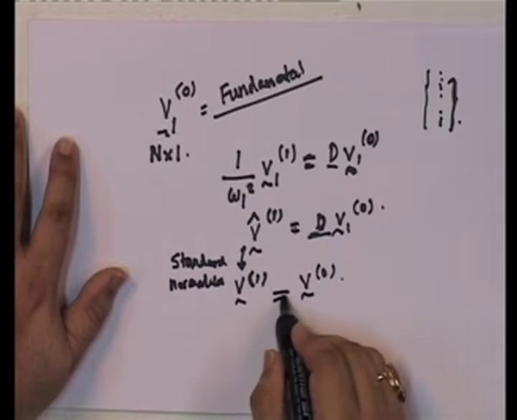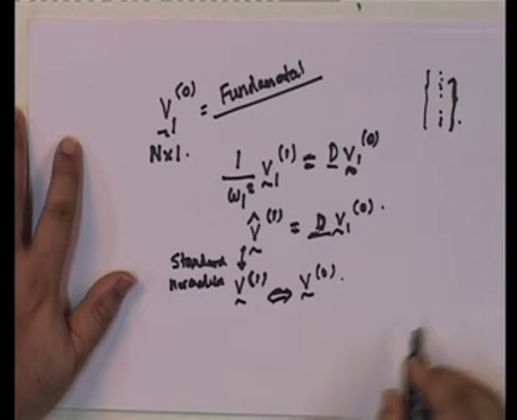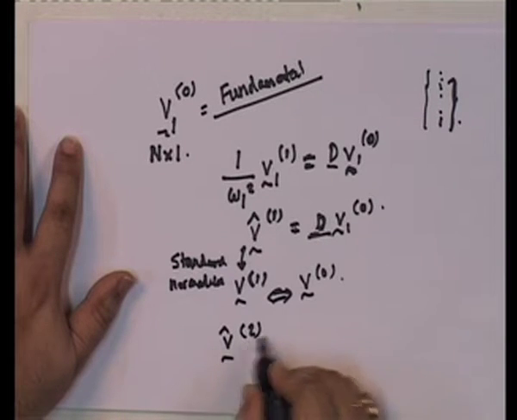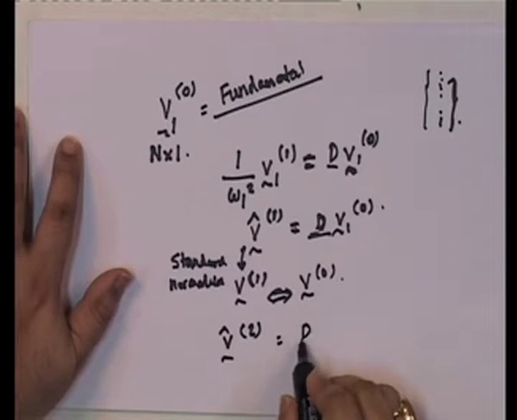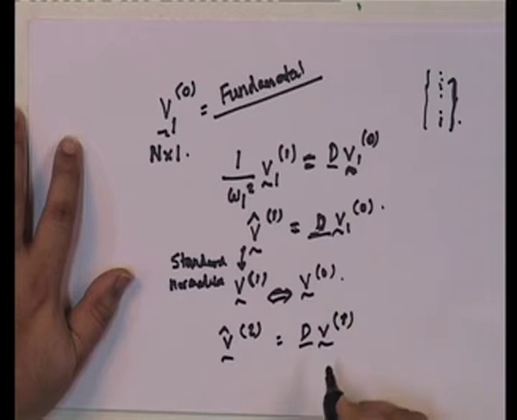So, compare. If they are not the same, then you do this, and then standardize it again to get V2.